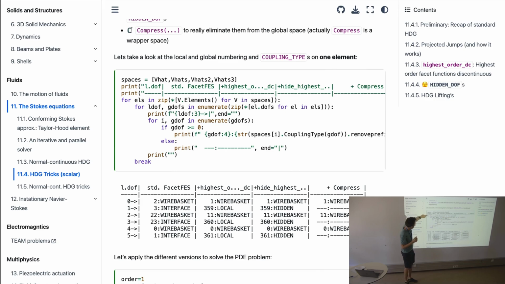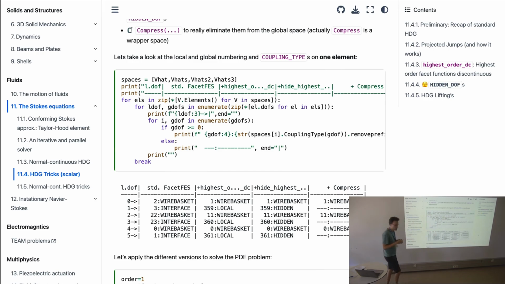What I do here is run over all these different spaces. I run over all elements, actually I just skip after the first one so that we have one local element. There I ask for the degrees of freedom that pop up, and I ask for the type of each degree of freedom. For the standard method, you have on one element essentially 6 unknowns, and these have different types, wire basket and interface.